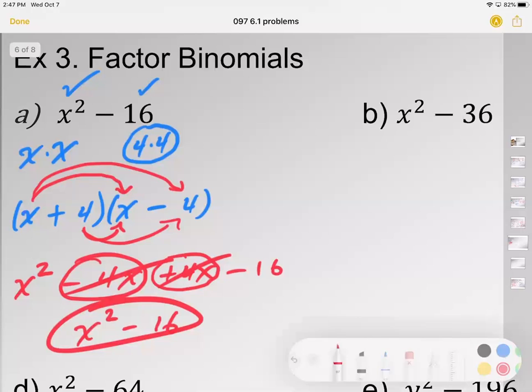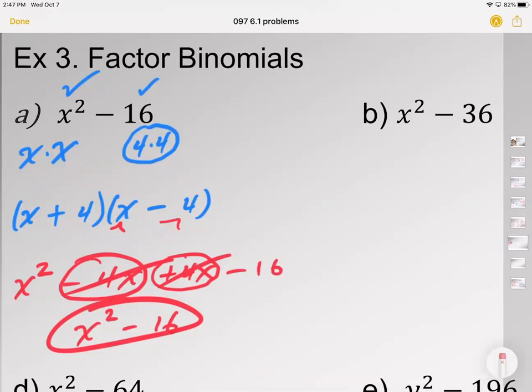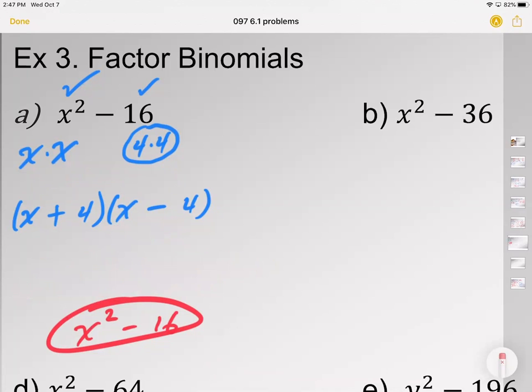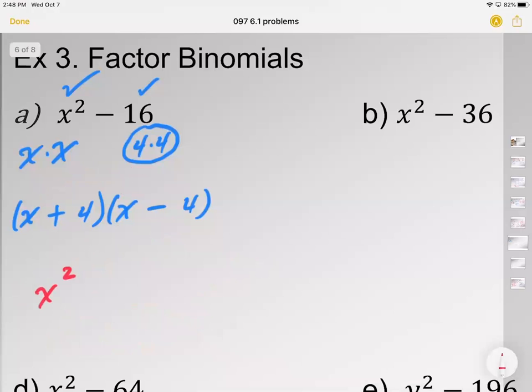So this is all there is in terms of binomials, and all of your binomials will be in the form of a perfect square. If it's not in the form of a perfect square, say your problem is x squared minus 24, there is no way you can factor it because 24 is not a perfect square.